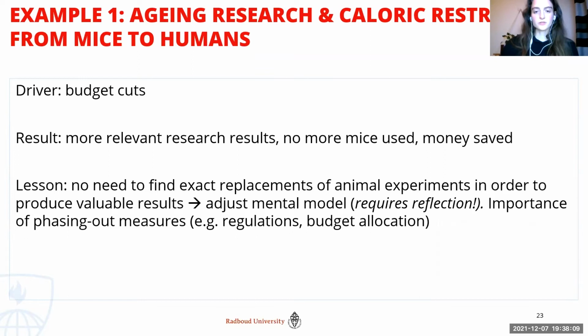And it also shows the importance of phasing out measures. The budget cuts sound like something very negative, but it is also something that is needed to prompt change. And this could also be done through regulations.